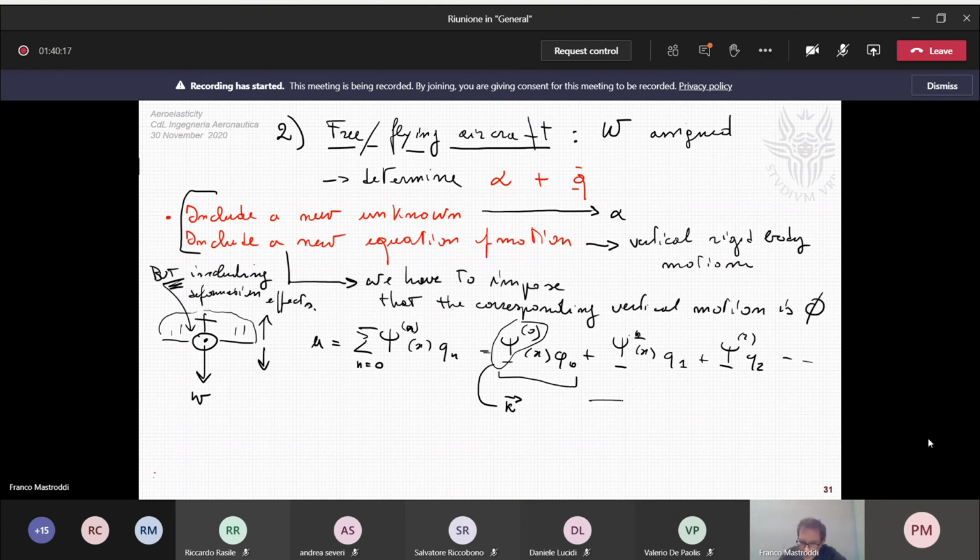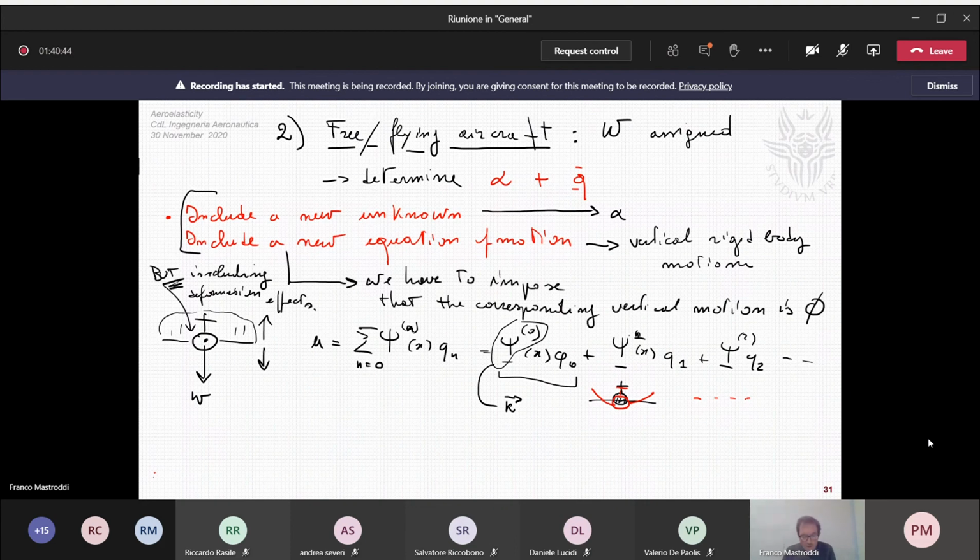This is the reference aircraft configuration. And so the first mode is this: down, up, up, down. The red with respect to the black one, and all the others.